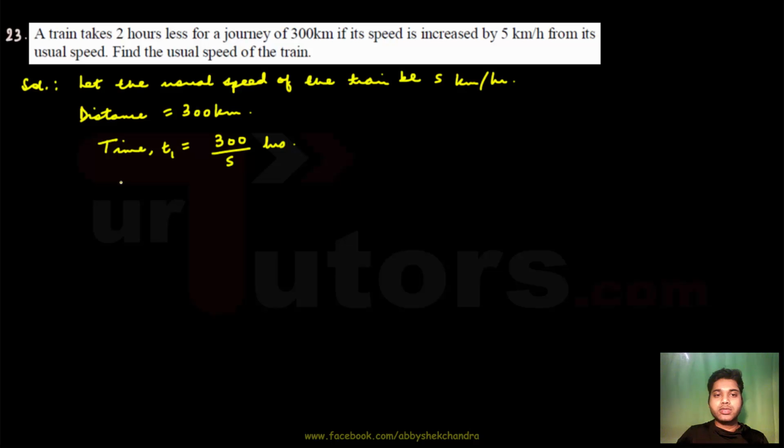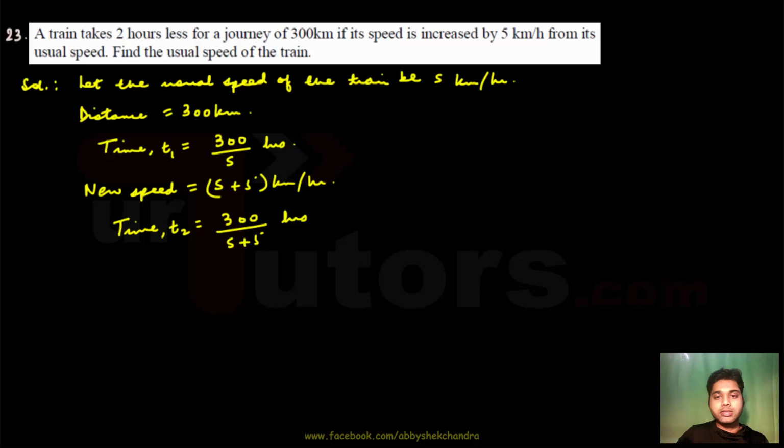Now in the second case, when the speed is increased by 5 kilometers per hour, the new speed will become s plus 5 kilometers per hour. The distance remains the same, so the new time taken will be t2, again distance by the new speed.